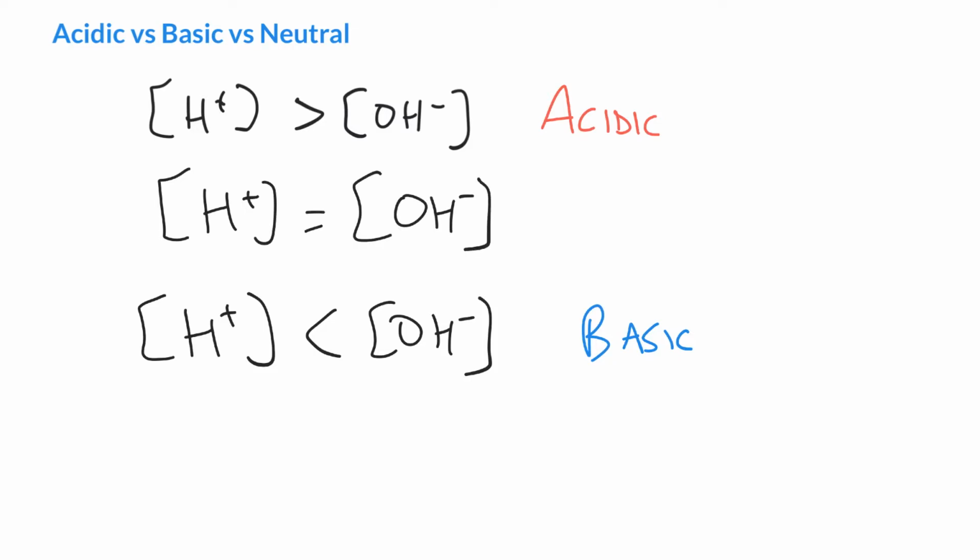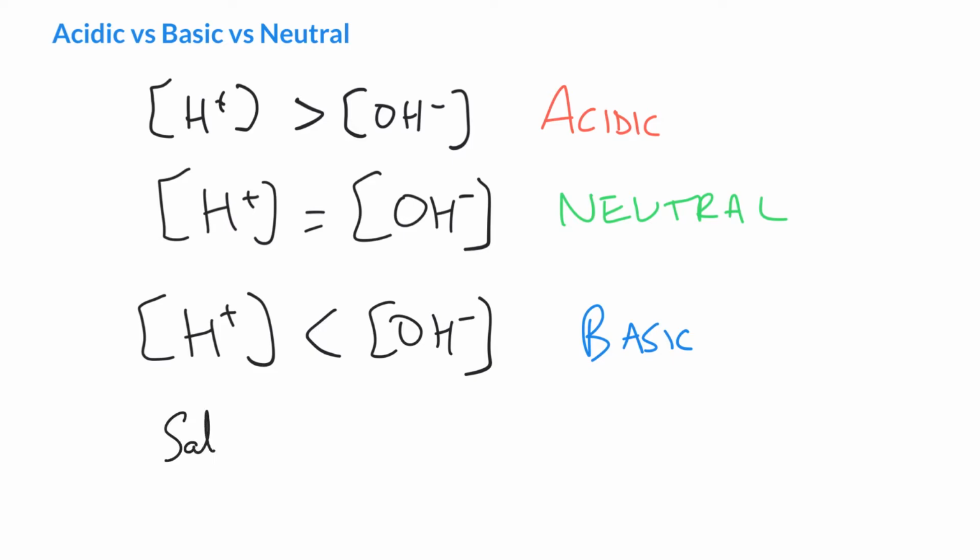And so pure water is perfectly neutral. But as soon as we add something to the water, it can disturb the balance of those concentrations. And if it raises the H+, right, remember the crocodile eats the bigger number, if it raises this concentration, it becomes an acid. And if it raises the OH- concentration bigger than the H+, it's a basic solution.